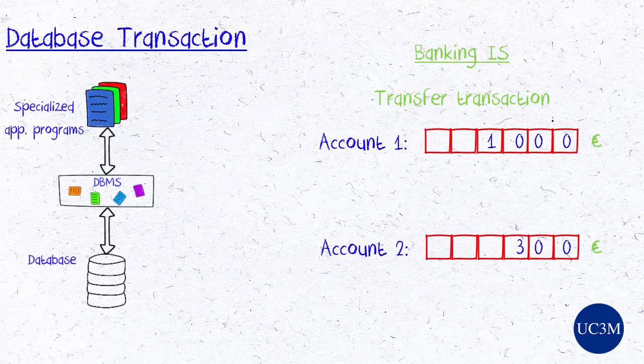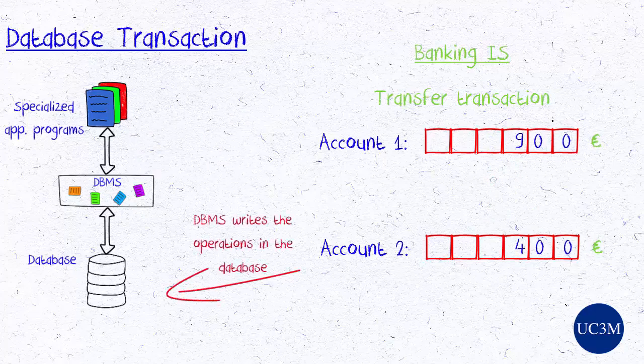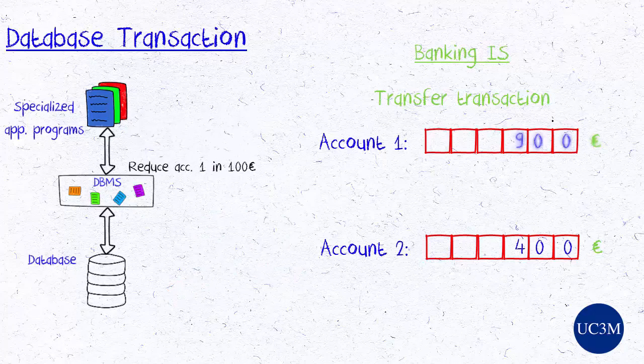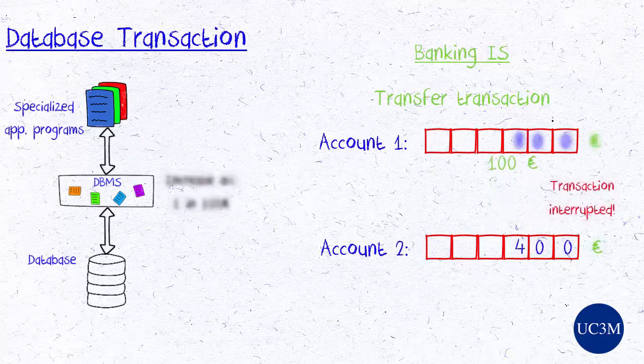The application program simply informs the database management system of when a transaction starts, then spells out the various operations included in the transaction, and once it finishes, it sends to the database management system a commit instruction to write the operations in the database. If the database management system, for whatever reason, does not get a valid commit, it will automatically roll back.